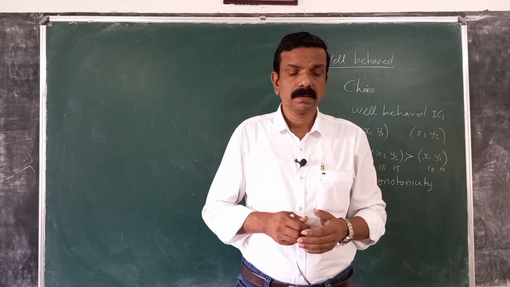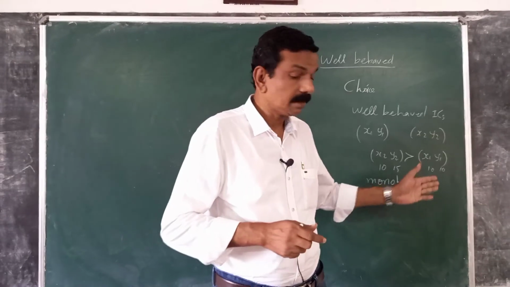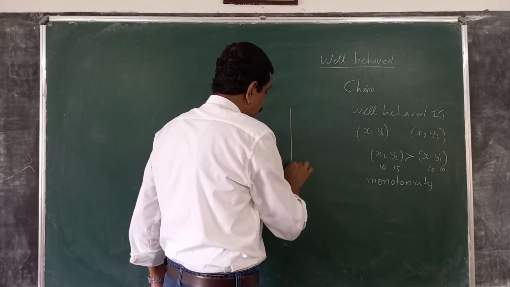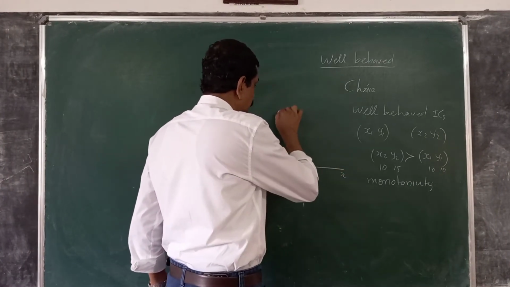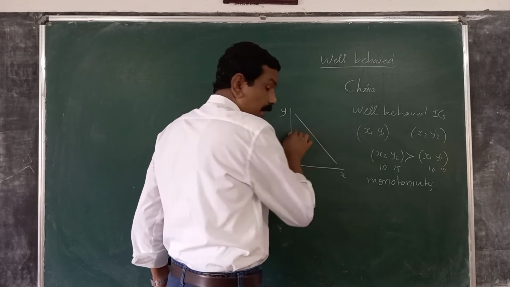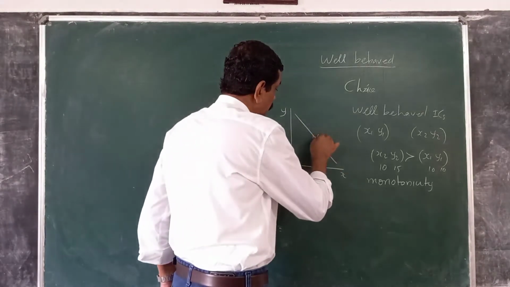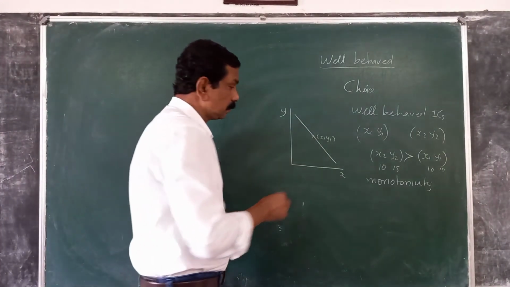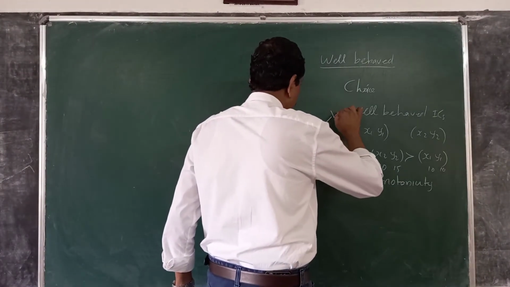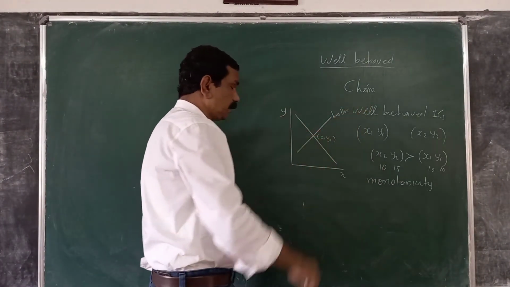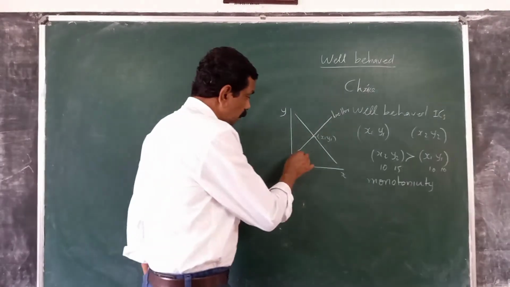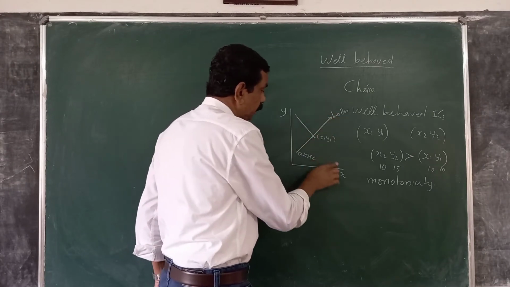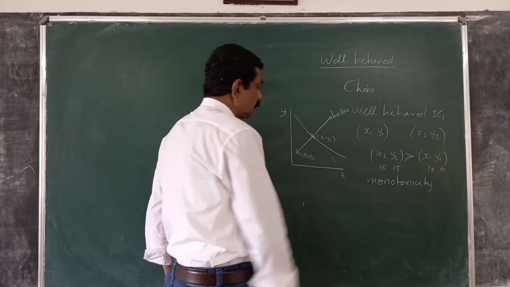Now, what does monotonicity imply for the shape of the indifference curve? It implies that the indifference curve has a negative slope. Consider any bundle X1, Y1. Then these are better bundles compared to X1, Y1, and these are worse bundles. And the indifference curve is negatively sloped.